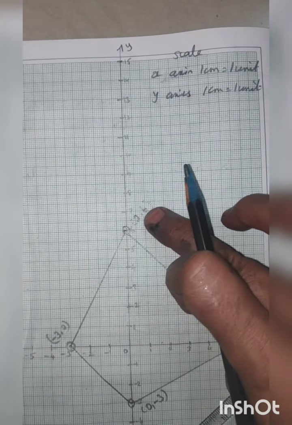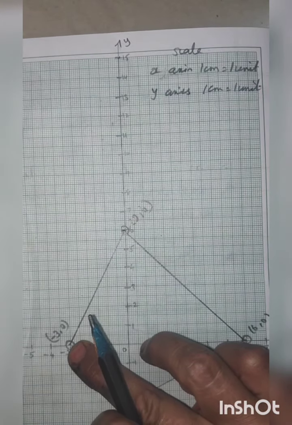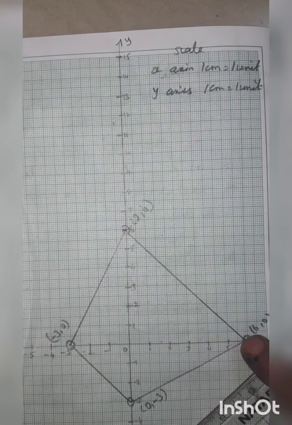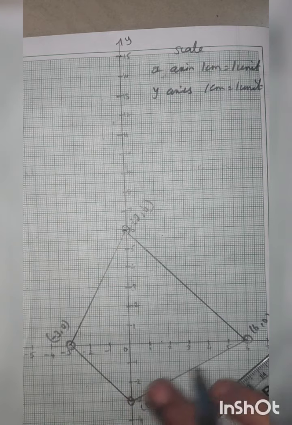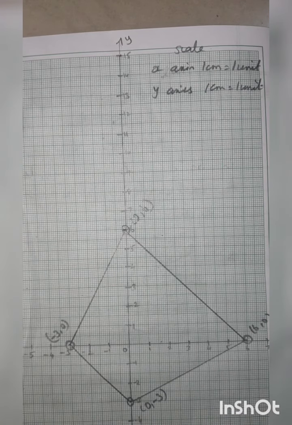Join 0 comma 6 and minus 3 comma 0, and only then the trapezium shape comes. Here, join 6 comma 0 and 0 comma minus 3, and only then the trapezium comes. So write the answer.